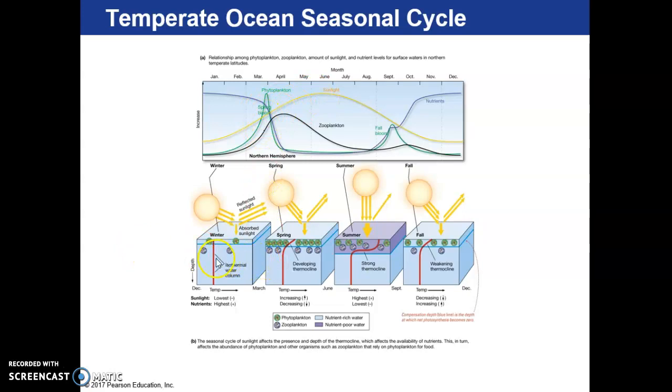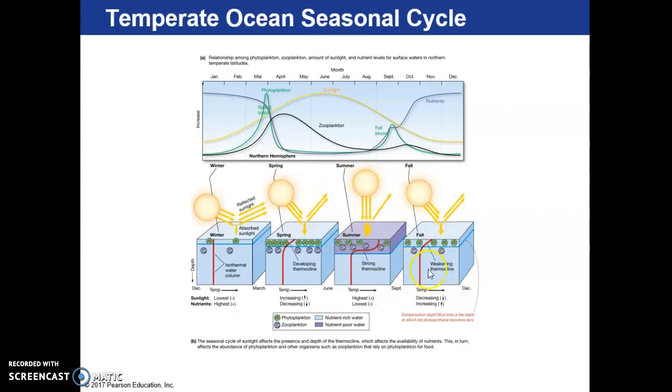So here, if you look in the winter, we don't have a thermocline, which is great because we don't have mixing, but we don't have the sunlight available. In the spring, we have a very weak thermocline and we have the sunlight, so that allows for that bloom. In the summer, we have that really strong thermocline, so we don't get nutrients, even though we have the sunlight.